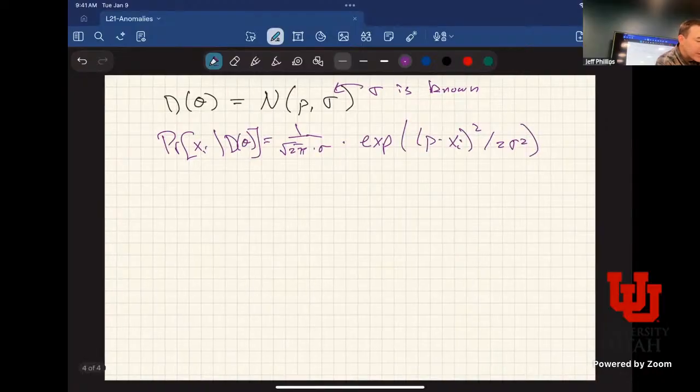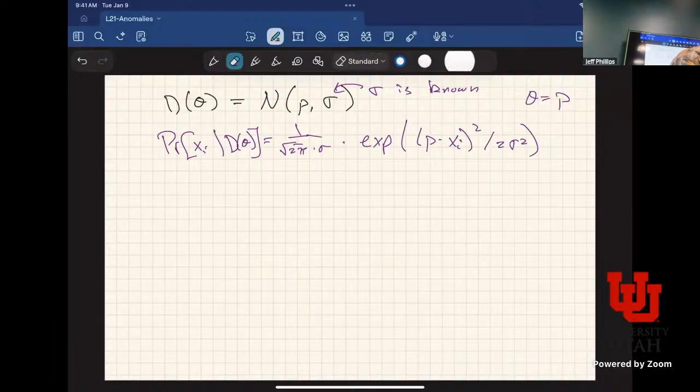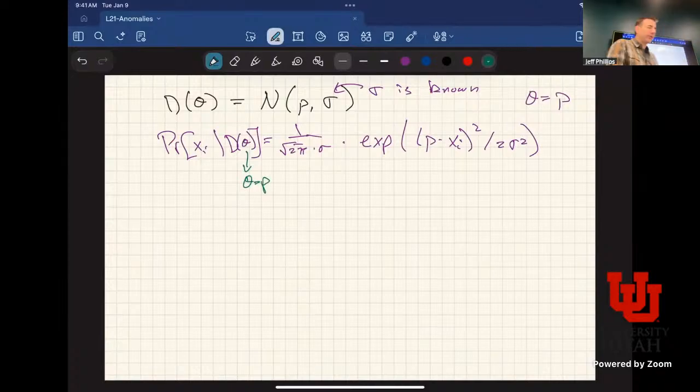And we're going to set now theta is equal to this value p, which is the center of the normal distribution. So this is the probability of an individual point if it comes from this distribution. This is just the normal equation for the normal distribution.